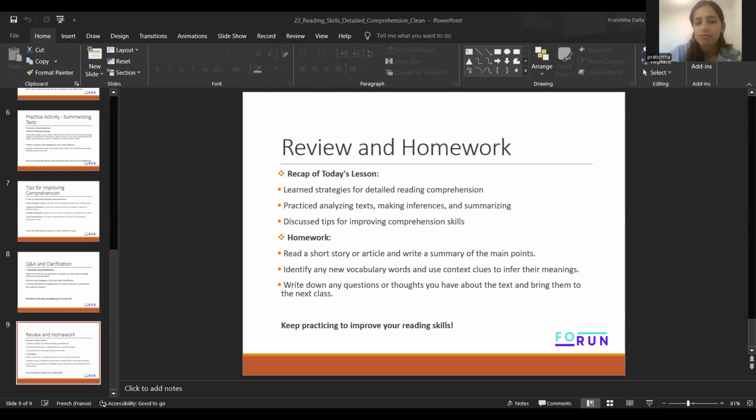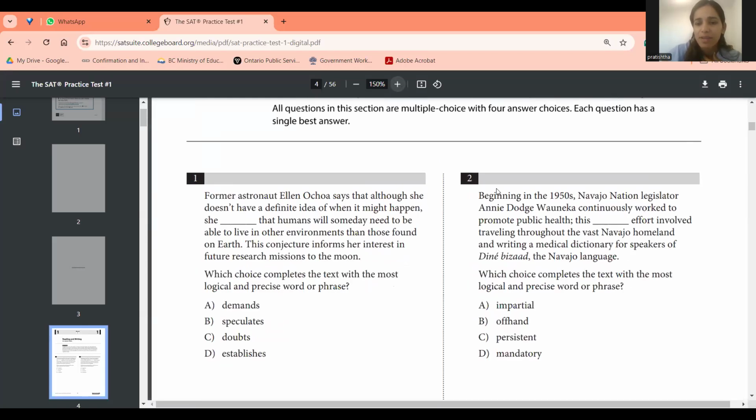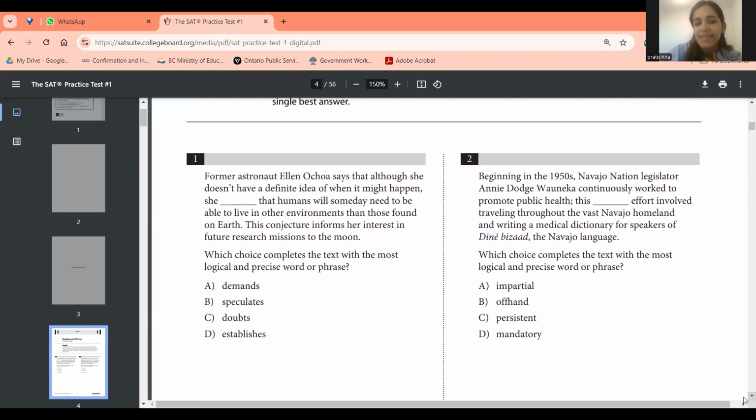It's basically a general activity. It's not even reading, to be honest. It's just how you are able to implement this strategy that I showed you into the exam. So for example, this is the question that we have. It's just a fill in the blank question, right? And this is also vocabulary.